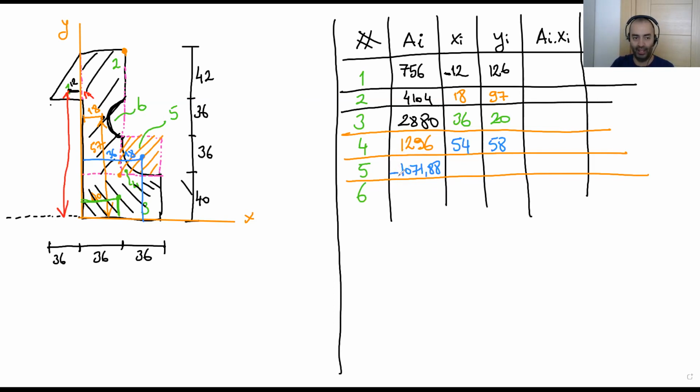Now what we need is the xi and yi for this 1/4 circular part. Let me clear these blue lines first. Okay, we need this one and this one.